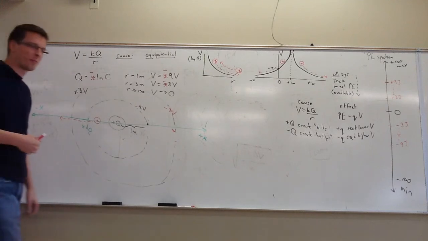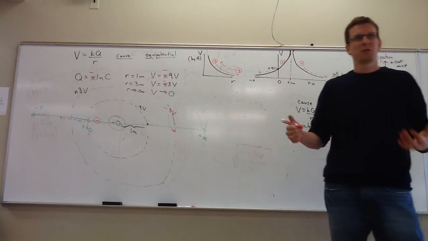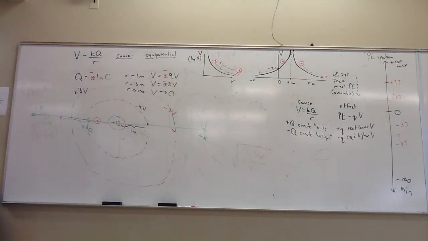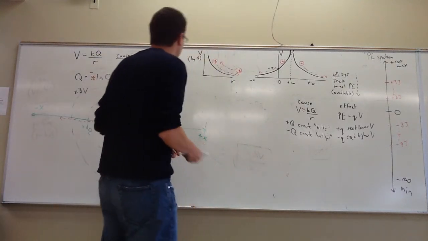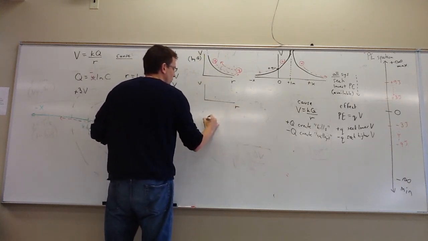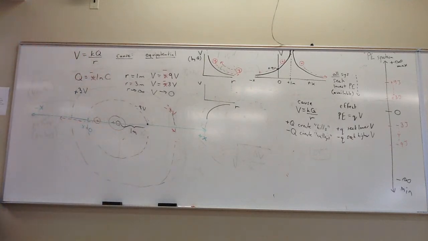You may have seen this on maps before. If you want to represent that something is below sea level, you can also do contours, but you do contours of a different type so that you know that they're depressions instead of elevations. So what does this look like? It just flips the whole thing upside down. It reverses, mirrors it, so everything that used to be positive voltage becomes negative.